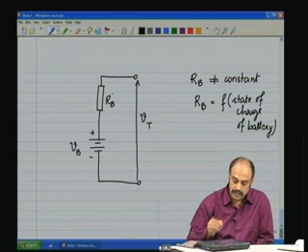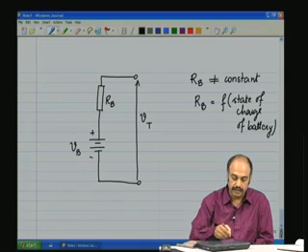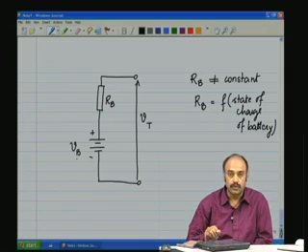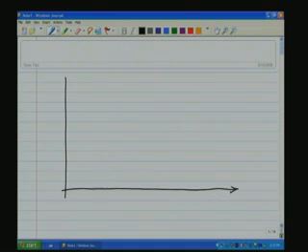So how does the IV characteristic for a practical battery such as this look like? Let us now draw the IV characteristic of this practical battery that we have been talking about. A battery which is composed of an ideal DC voltage source in series with the series resistance RB.